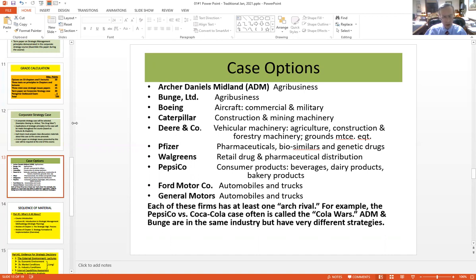Some of you may have families that are engaged in agriculture. Almost every semester, I have students whose families are in agriculture. So I chose Deere since we're going to be doing much of the course online. I wanted to make it as understandable and comfortable for you as possible.